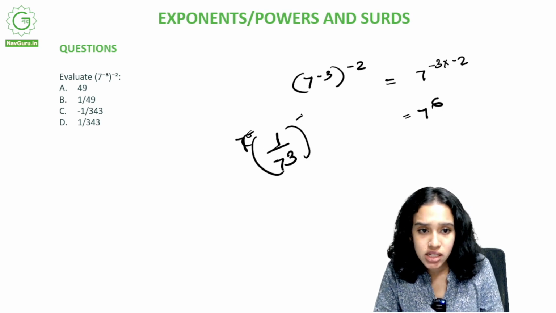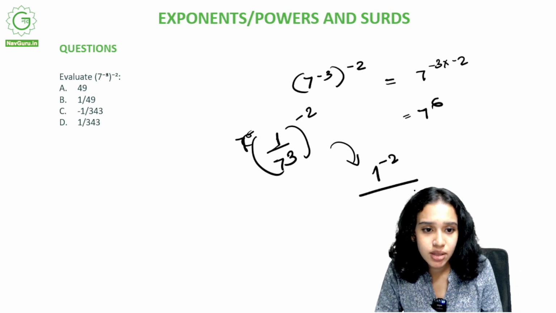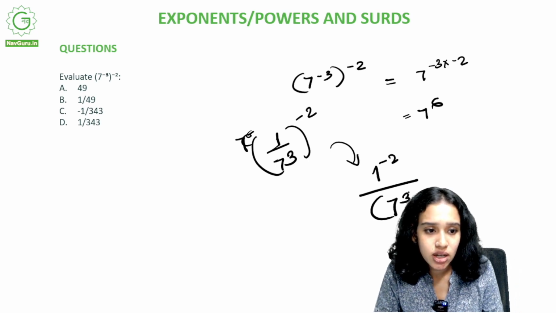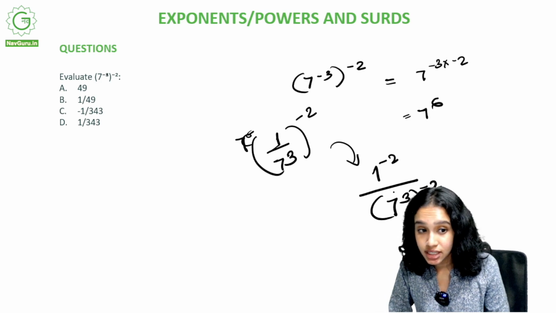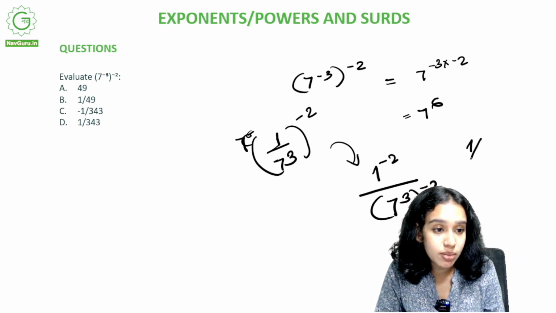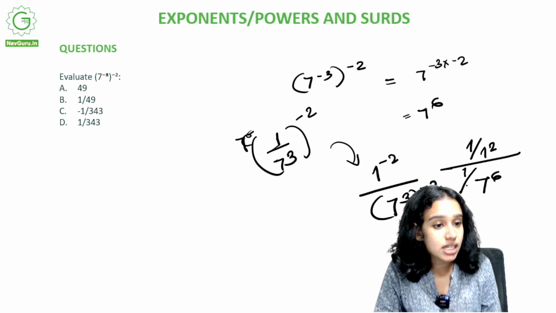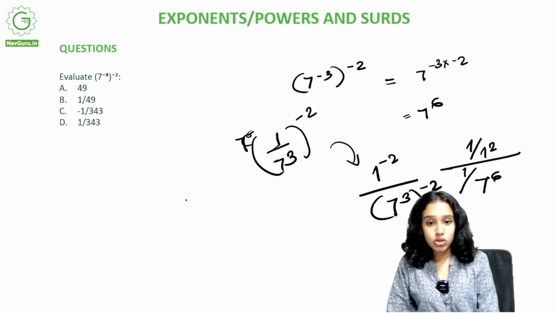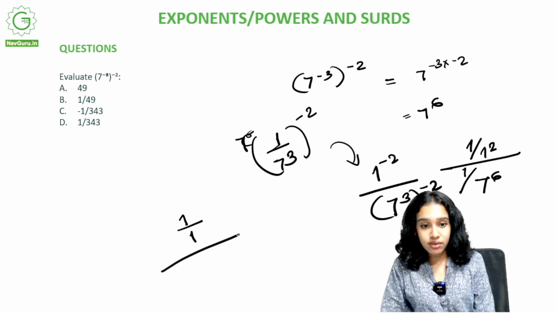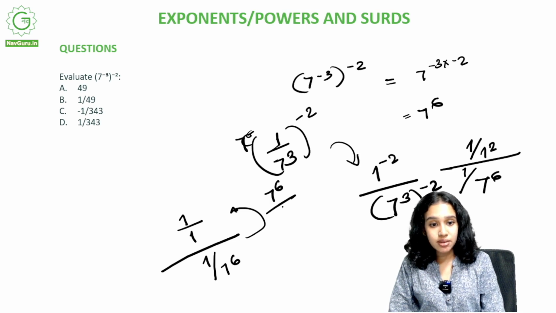Raised to minus 2 means 1 raised to minus 2 divided by (7 raised to 3) whole raised to minus 2, right? So what is 1 raised to minus 2? It's 1 by 1 square divided by 1 by 7 raised to 6, right? So 1 divided by 1 by 7 raised to 6 gives us 7 raised to 6.